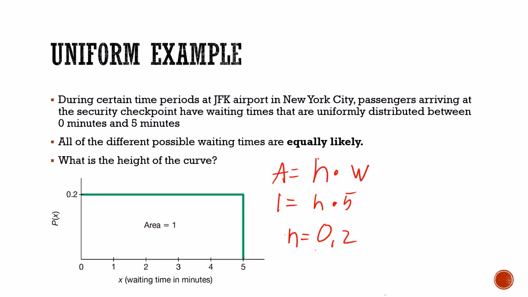That's the point of the curve. So we have a piecewise function here: P of x is equal to 0.2 if x is between 0 and 5. It's okay if you don't follow this notation perfectly.